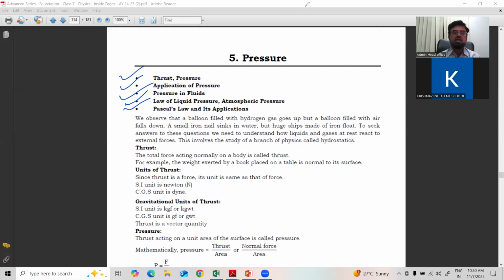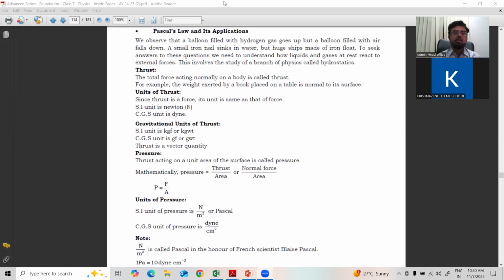So we observe that a balloon filled with hydrogen gas goes up, but a balloon filled with air falls down. A small iron needle sinks in water, but a huge ship made of iron floats. To seek answers to these questions, we need to understand how liquids and gases at rest react to external forces.